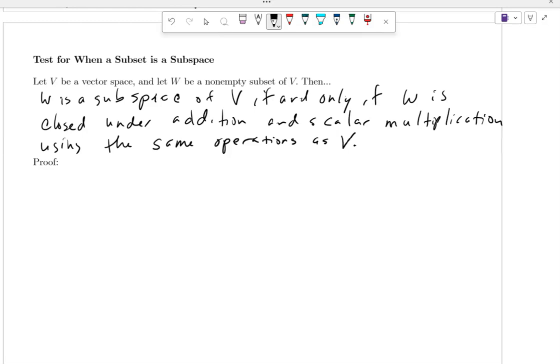So just from a logical standpoint, when you say if and only if, that means that we're going to assume the first part, assume W is a subspace of V, and then prove W is closed under addition and scalar multiplication. But also vice versa. If and only if means the theorem works both ways. So I assume the first part, prove the second part, assume the second part, prove the first part. Okay?